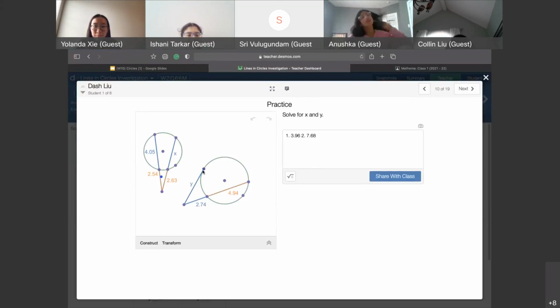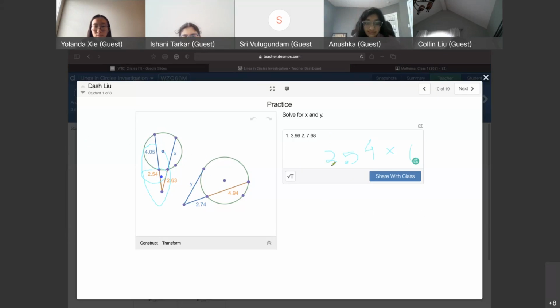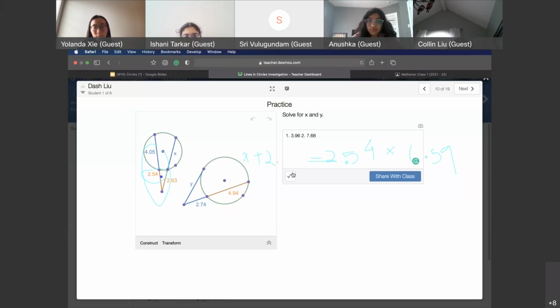Okay, so we do 2.54 multiplied by the entirety of this length, right? So 2.54 times 4.05 plus 2.54, which is 6.59, right? And that is equal to x plus 2.63 multiplied by 2.63.